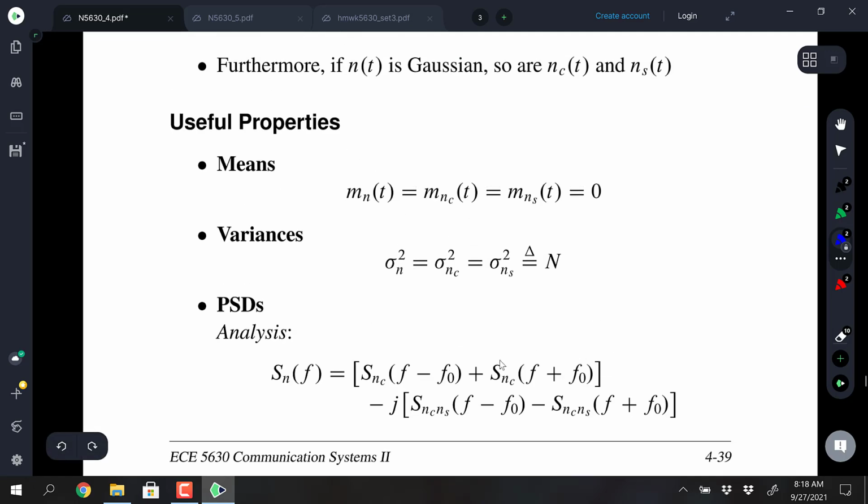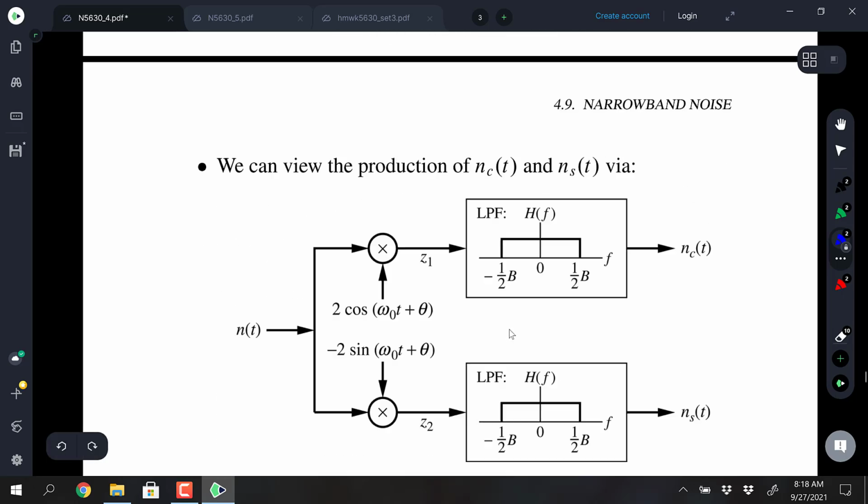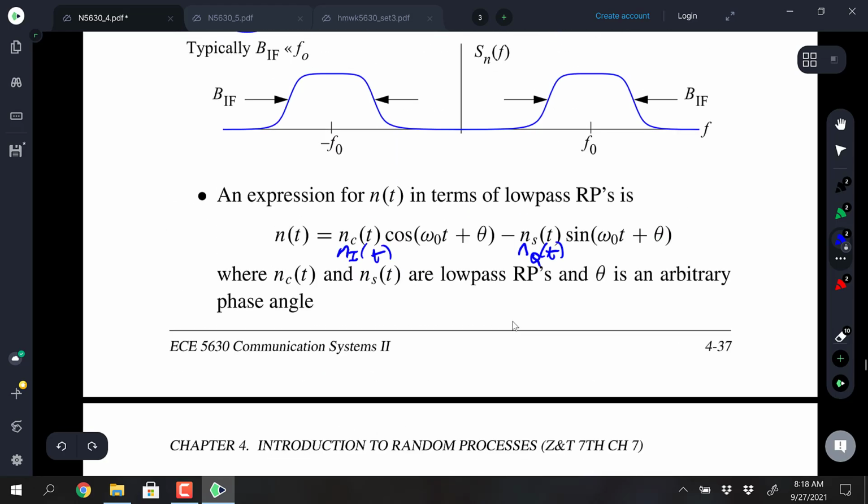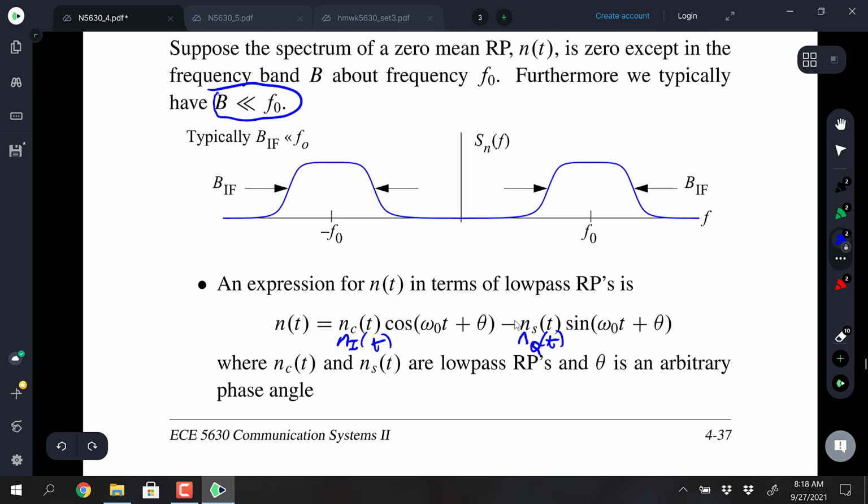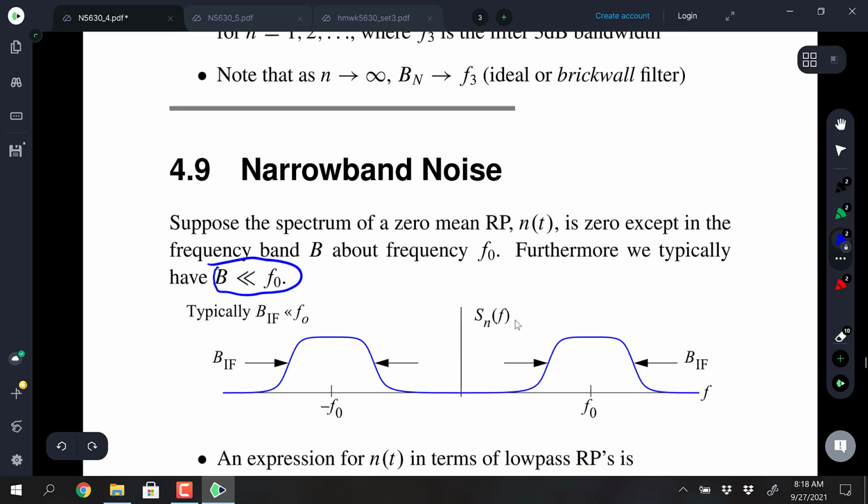The properties that are useful to us are those of the baseband terms. So the mean is 0 for both the cosine and the sine. The variance is sigma n squared equals sigma nc squared equals sigma ns squared, and that is N. I think if I go back over to here, I guess it's not in here.